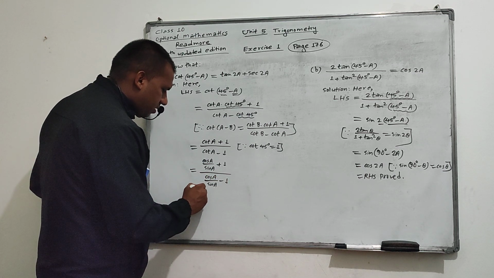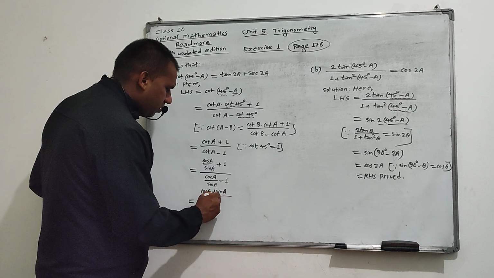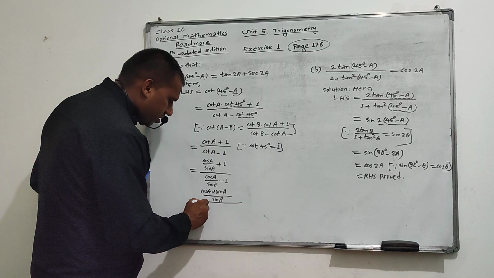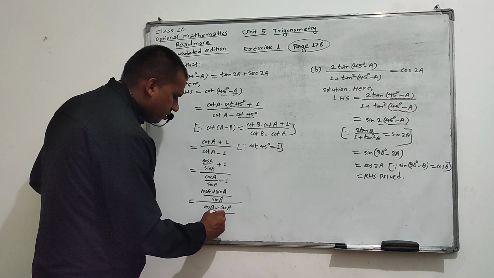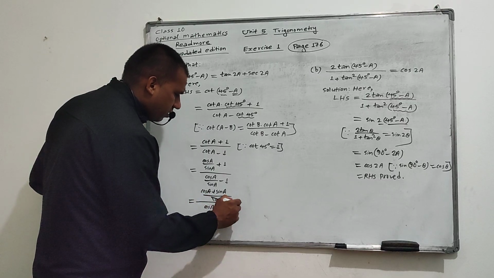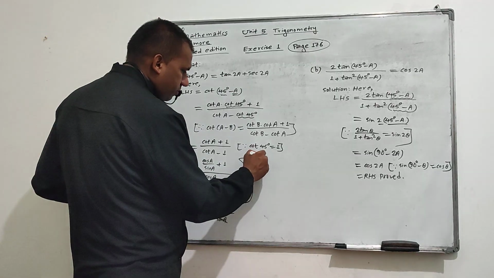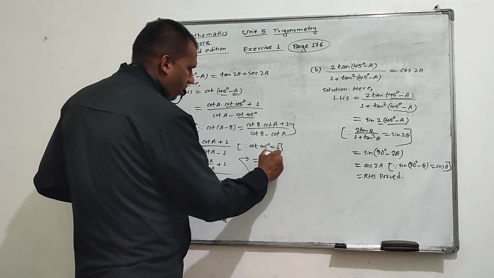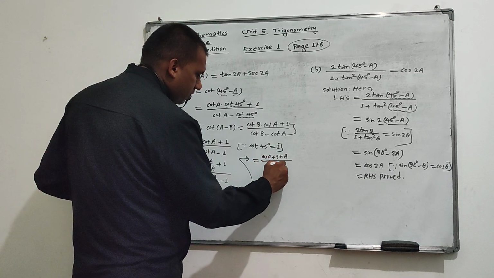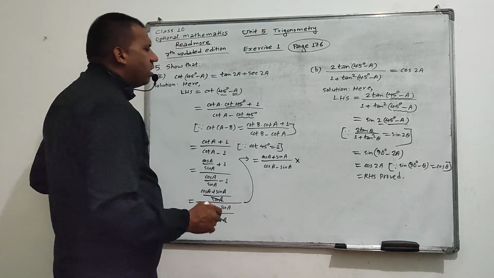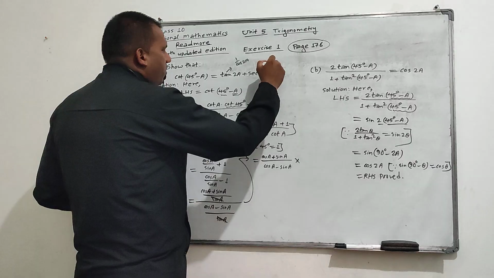Taking LCM, (cos A plus sin A) upon sin A over (cos A minus sin A) upon sin A. The sin A cancels out, remaining (cos A plus sin A) upon (cos A minus sin A).